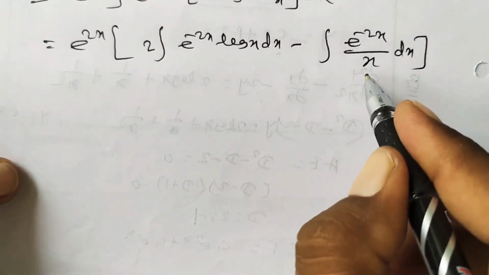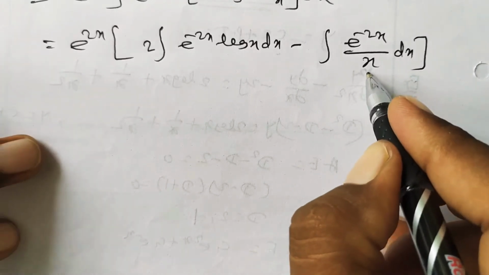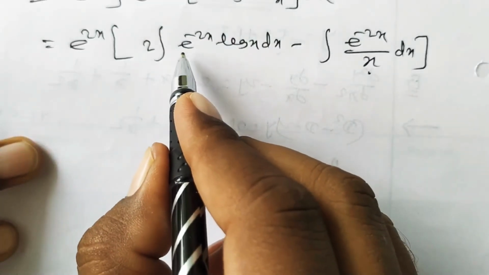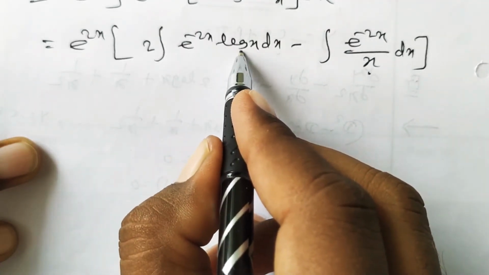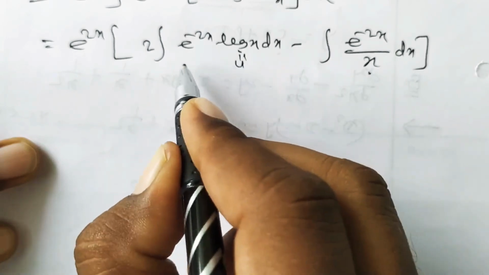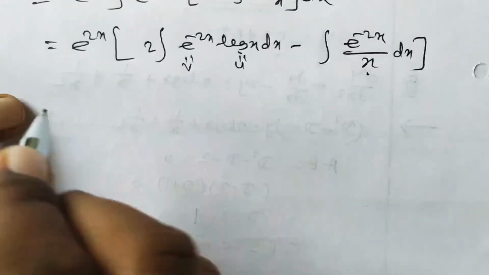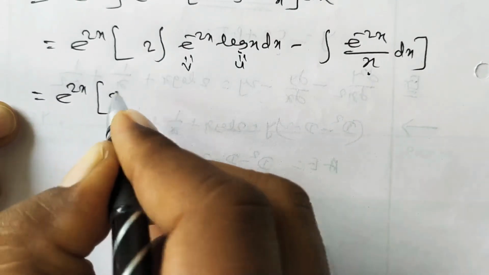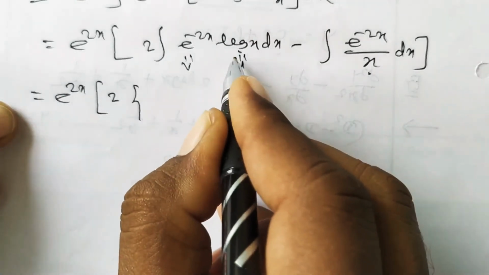Now this integration is impossible because x is present in the denominator, so keep this integral as it is and only integrate this. Here we have e raised to minus 2x into log x, so by LIATE, the logarithmic function comes first, so take u equal to log x and v equal to e to the power minus 2x. So it is equal to e raised to 2x, this 2 keep as it is, and what is integration by parts?